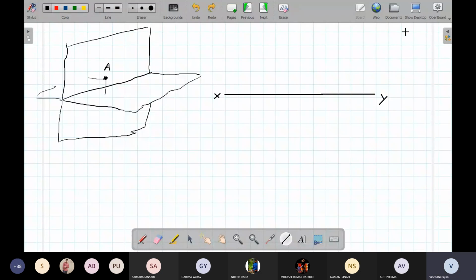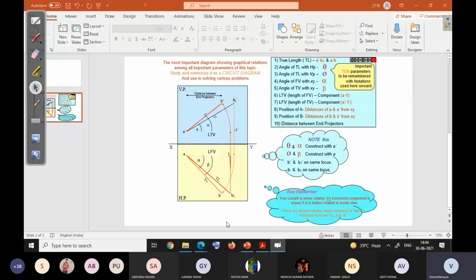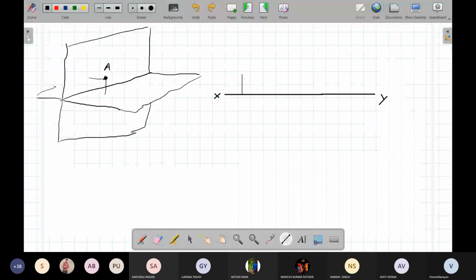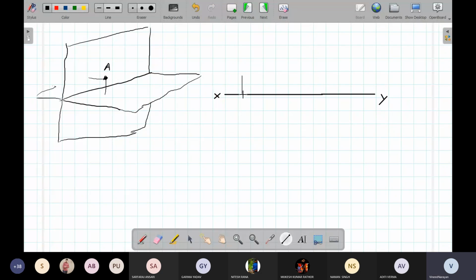Yes, 12 mm above and 20 mm in front. So this is 12 and 20, a little longer. This point will be my A dash and this one A.